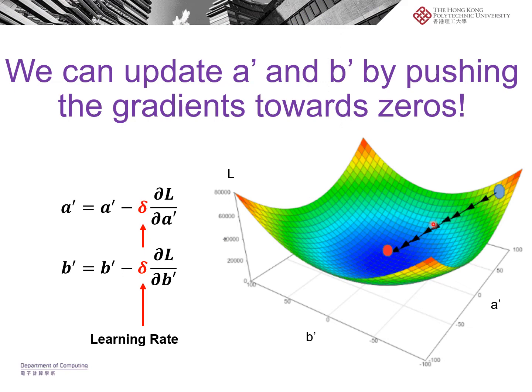In case you set a pretty great learning rate, because you're too aggressive, you update to here, and it's easy to pass by the optimal, and you pass by that, pass by that, and maybe you finally get here.